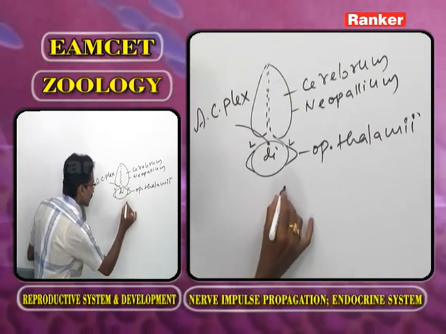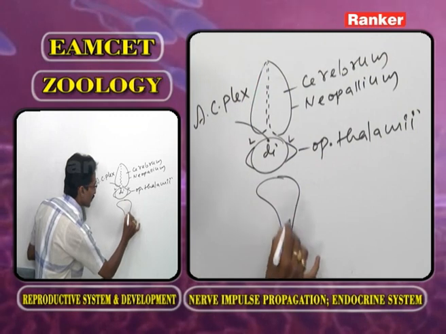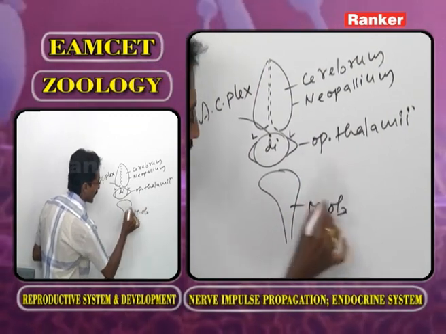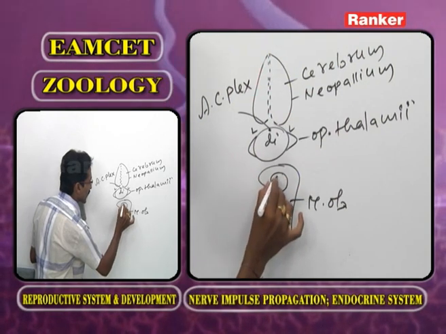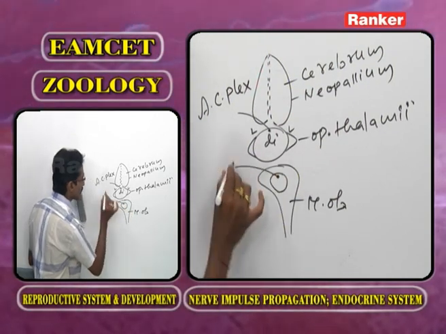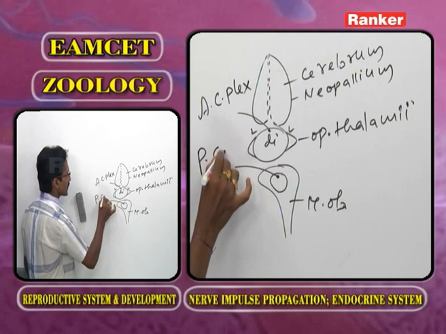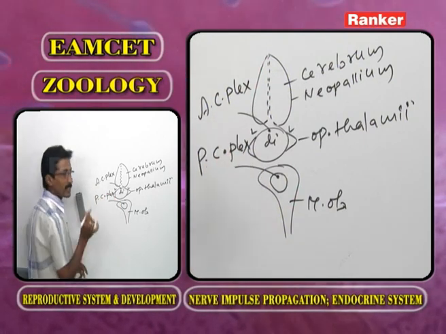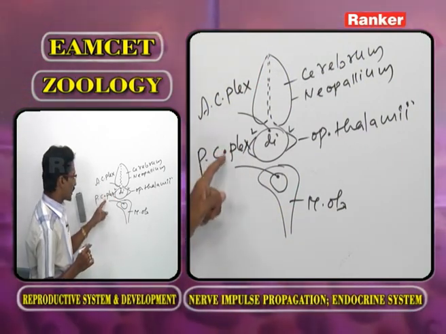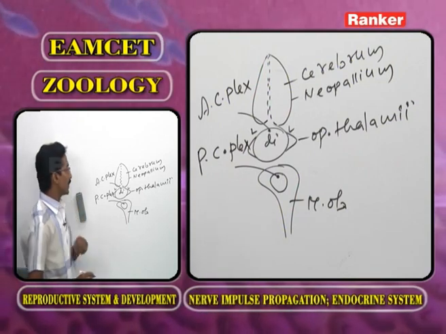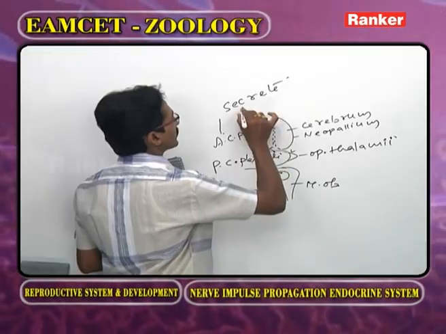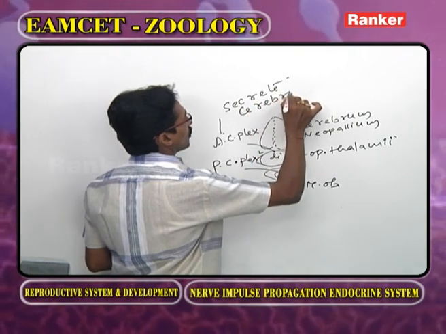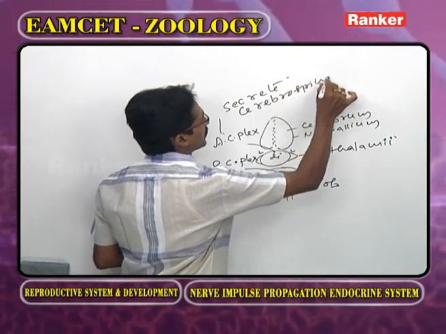Now this one we call the medulla oblongata. The roof of metacele has a bunch of blood capillaries, the posterior choroid plexus. So how many choroid plexus? Two. What is the function of choroid plexus? They secrete cerebrospinal fluid.